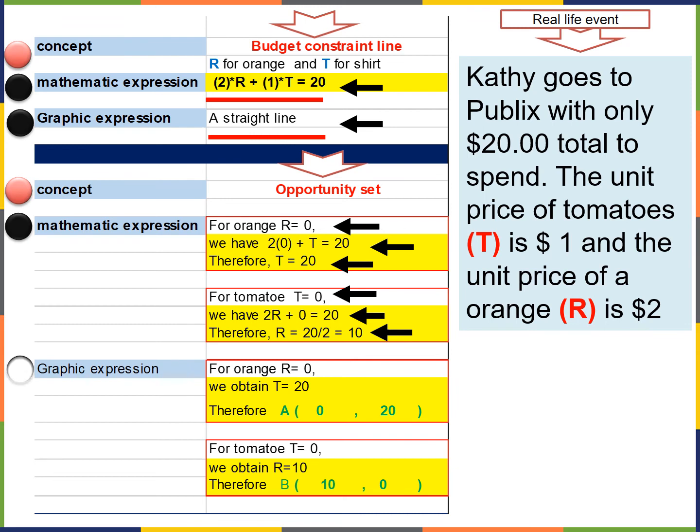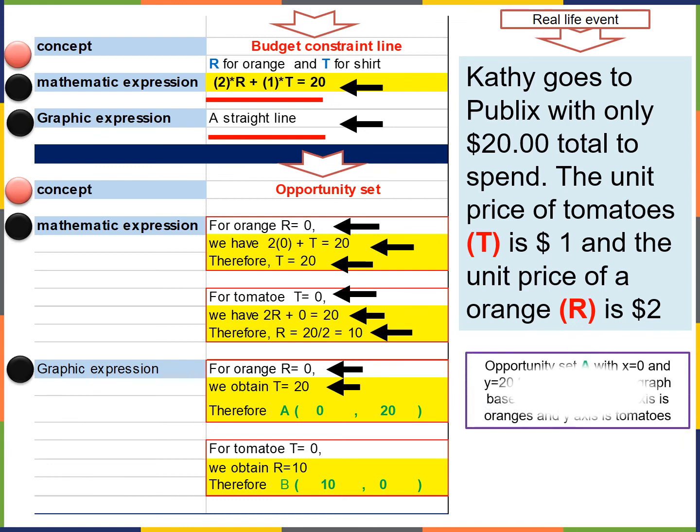So the graphic expression will be a summary of the purchases that we made. We said, if I purchase 0 oranges, I can only purchase what? 20 tomatoes. If I represent that graphically, that gives me point A, which is x = 0 and y = 20, because my x-axis is oranges and the y-axis is tomatoes. We'll see that in a graph in a minute.